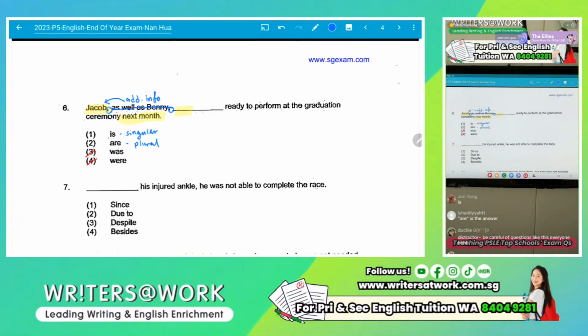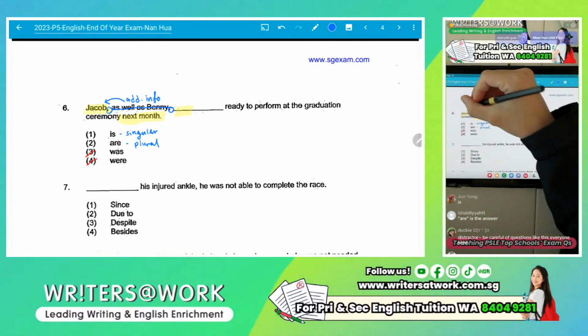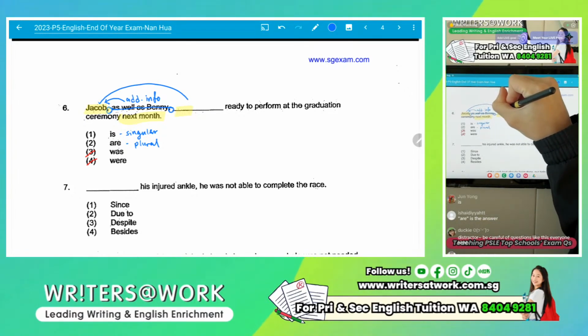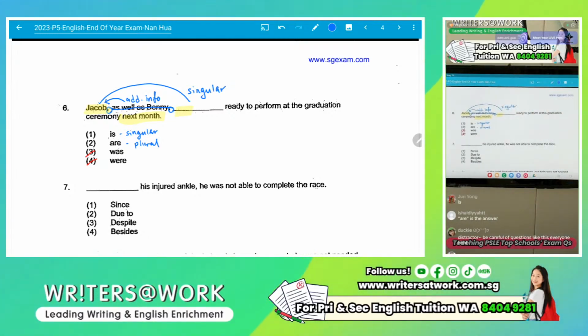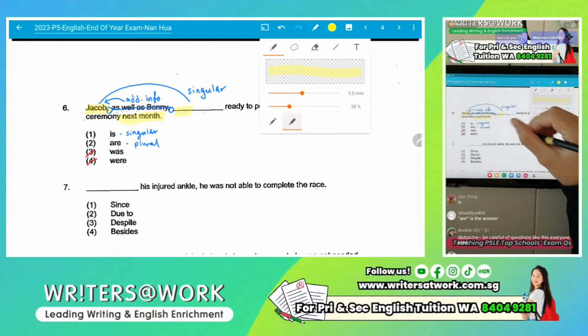So if you have to boil down the sentence to its most important parts, it will just be Jacob blank ready to perform next month. And since Jacob is just one person, singular, okay, Jacob is singular. Okay, lots of arrows flying everywhere, but this will be the last one. We use the singular verb of is.